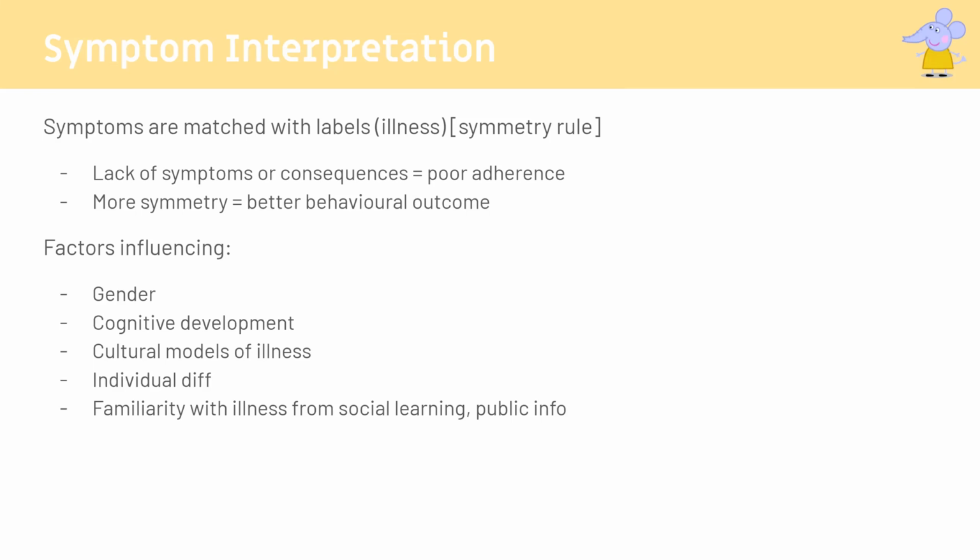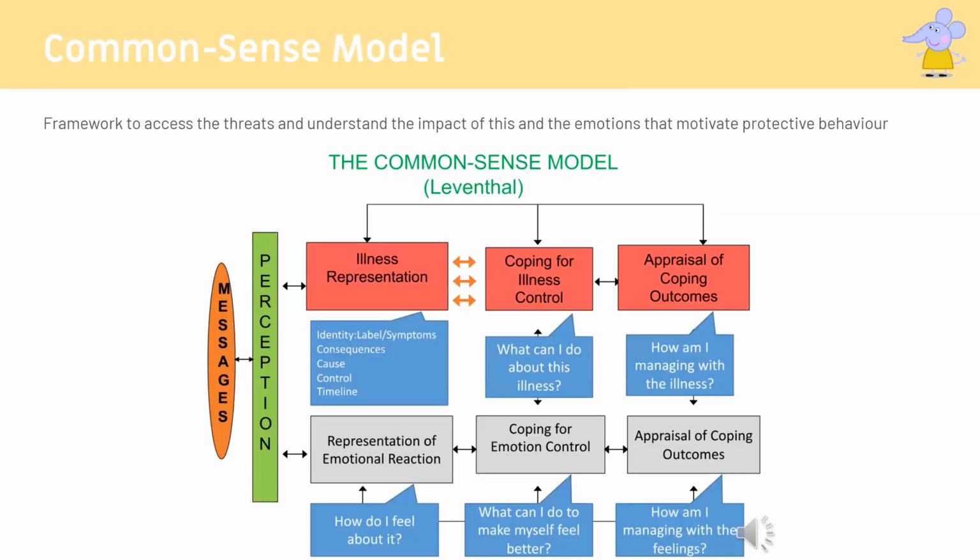Also, lack of symptoms or consequences leads to poor adherence, for example to drugs. Factors influencing this are gender, cognitive development, cultural models of illness, individual differences, and familiarity with illness from social learning and public information. I think this was the second last slide.